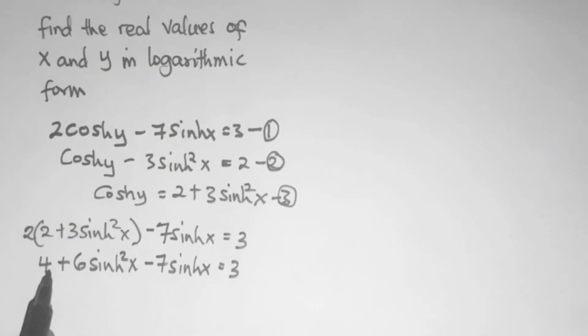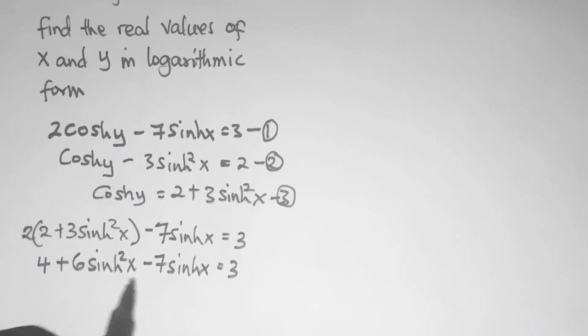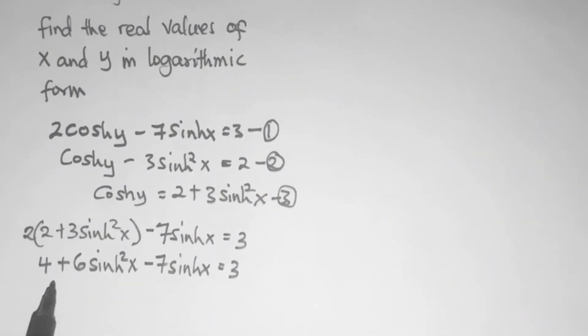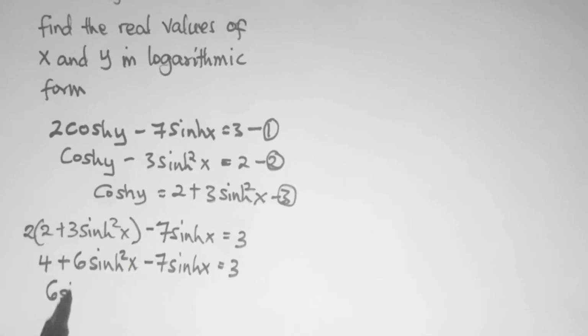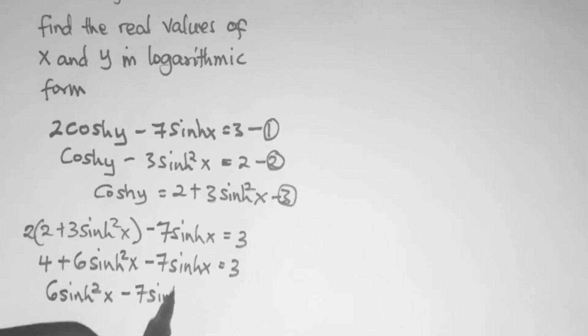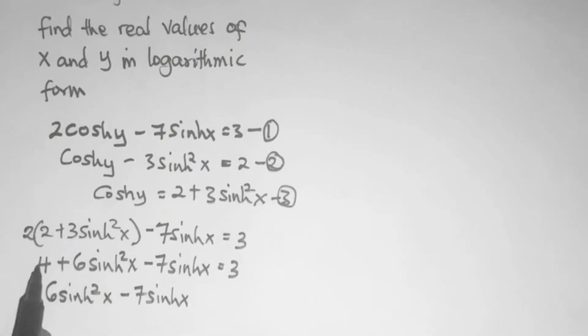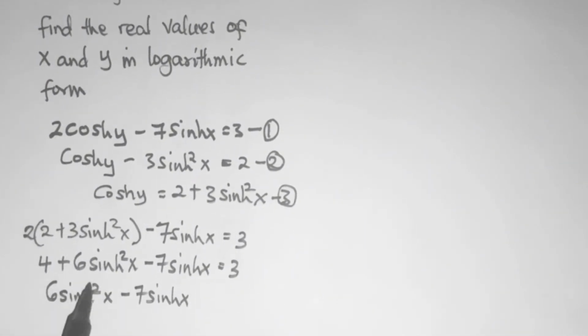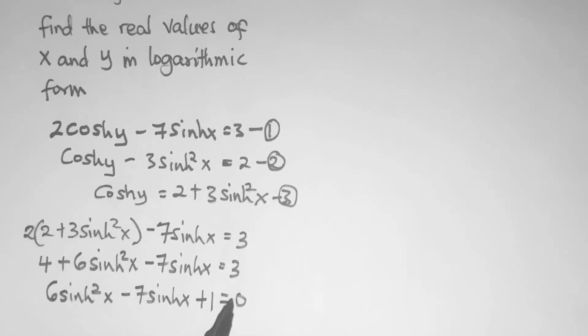Now let's bring 3 to the left hand side and get one equation. So we are going to get 6 sinh squared x, then minus 7 sinh x. Then if you bring 3 here, it becomes 4 minus 3, and 4 minus 3 is 1, so plus 1 is equal to 0.